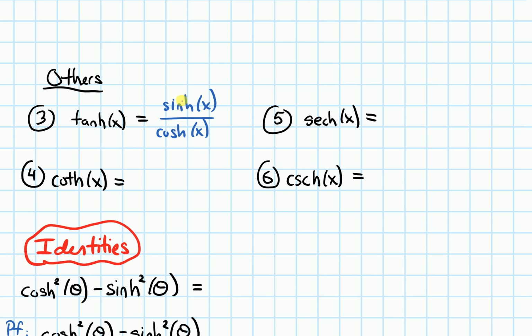Hyperbolic sine on top, hyperbolic cosine on bottom. Hyperbolic cotangent is the reciprocal of that. So it's hyperbolic cosine of x divided by hyperbolic sine of x. Hyperbolic secant is going to be 1 over cosh x. And hyperbolic cosecant is going to be 1 over sinh of x.